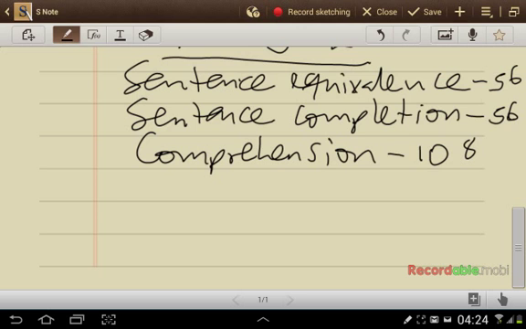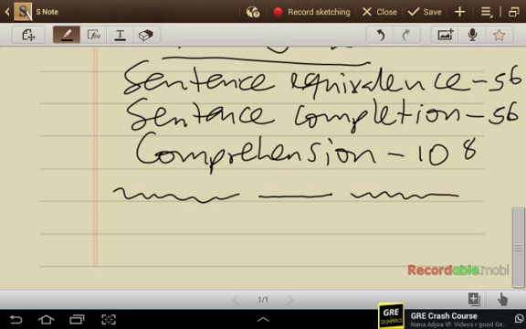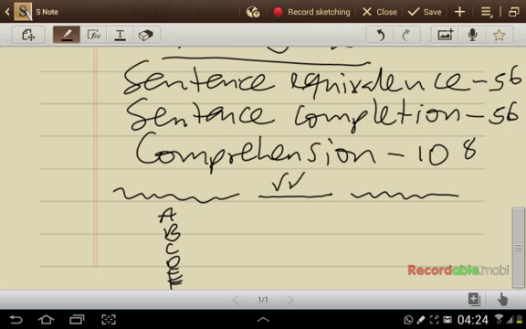For a sentence equivalence, you have some writing and then a blank. It's a blank actually. And then you have options from A to F. You will have to choose 2 options that will fit in here and make the sentence complete.